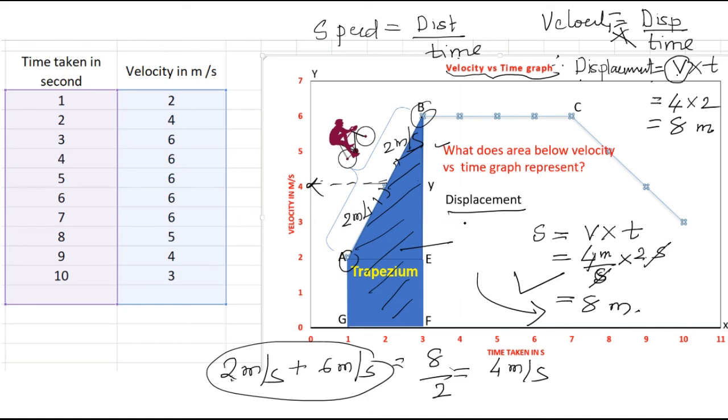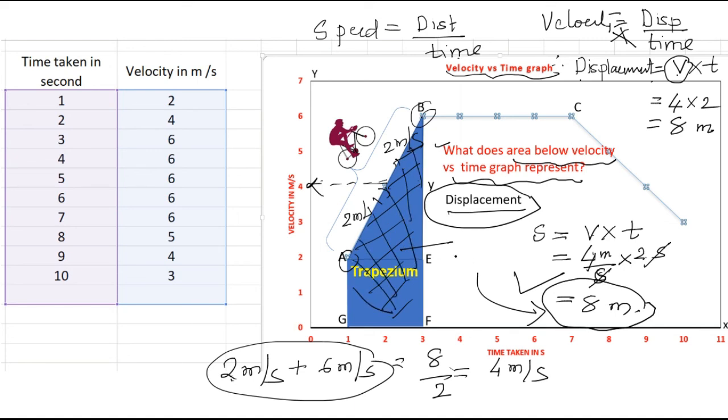Okay, so please remember, here the very important part of this video is the area below a velocity time graph. And what does it represent? Displacement. Half of the calculations we have done. Numerically it is 8 meter, but we have to prove that if you find out the area completely of this trapezium by using formula, that also should come 8 meter, right? And that is what we are going to do in the next video.